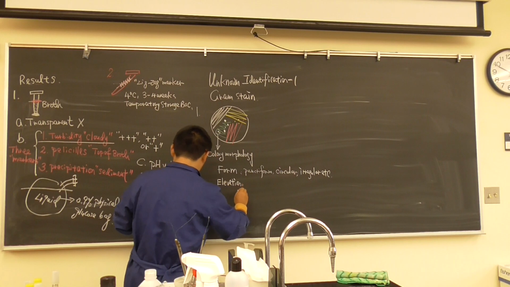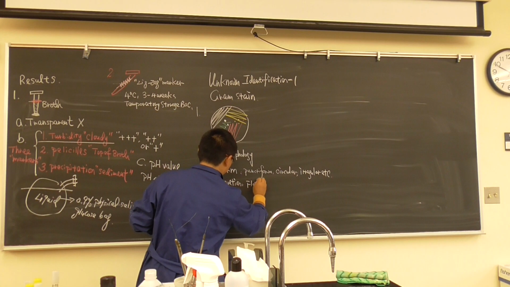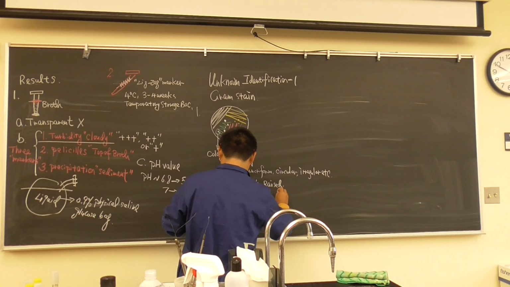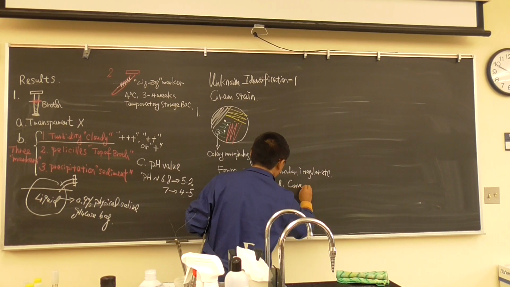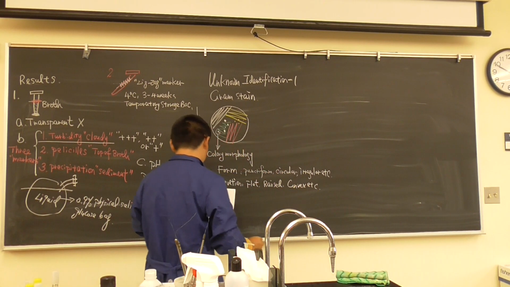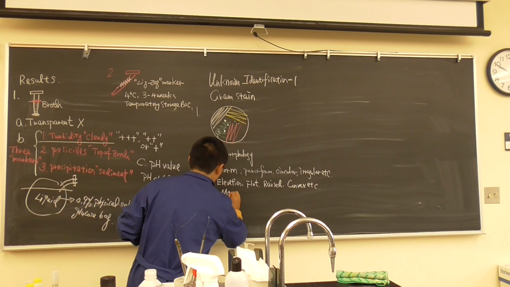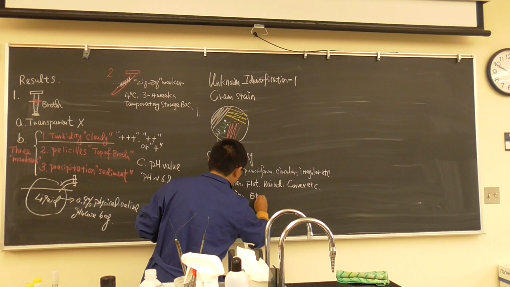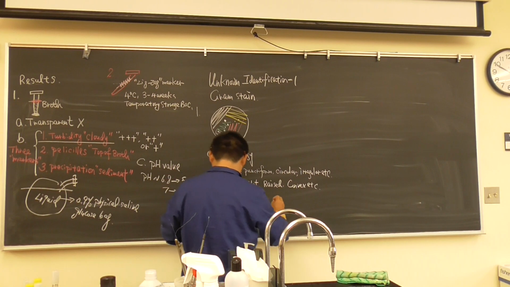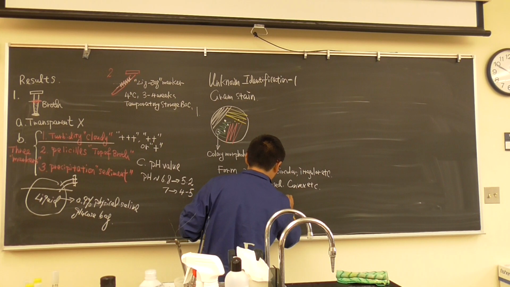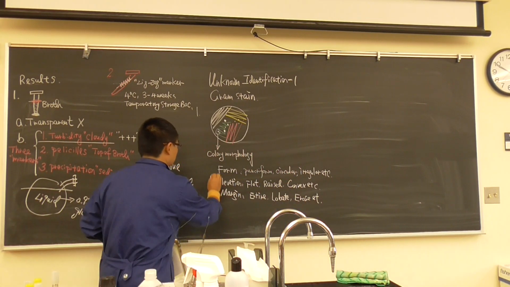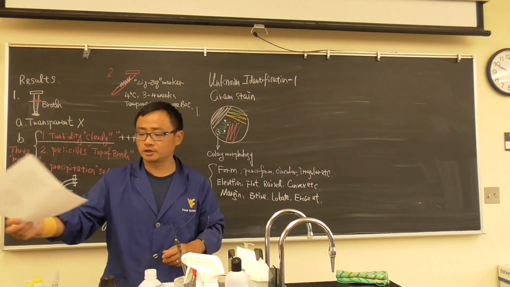What could the elevation be? It could be flat, it may be raised, or it may be convex, etc. There are a lot. The last one is margin. The margin could be entire, or lobate, or erose, etc. So, based on your results, we can describe these colony morphologies.